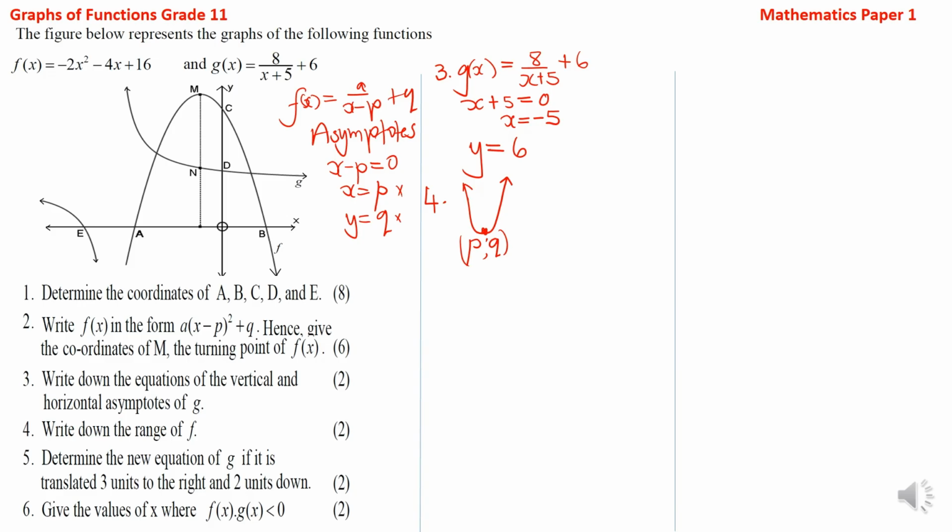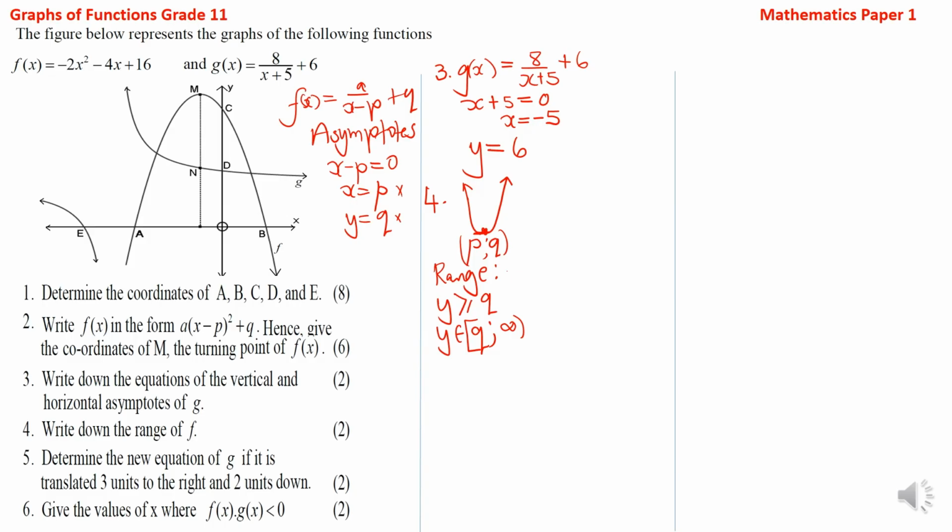Then the range of this graph, the values of y, start from the y coordinate of the turning point, which is q, going upwards. So we say y is greater than or equal to q. That is the range. Or we can say y is an element of, from q, the smallest to biggest, up to positive infinity. This is the range of the function.